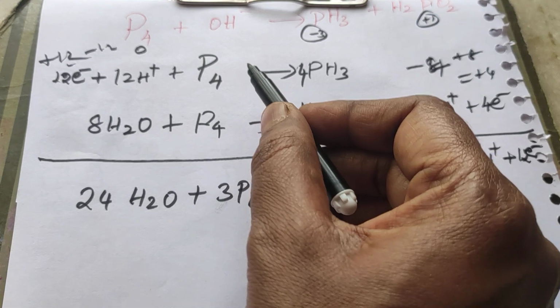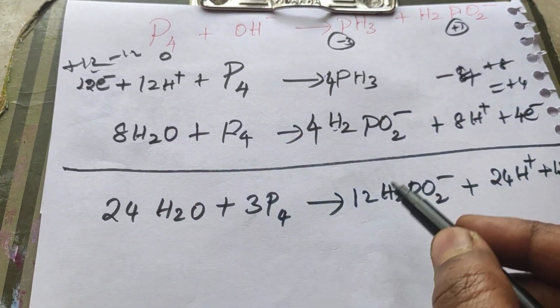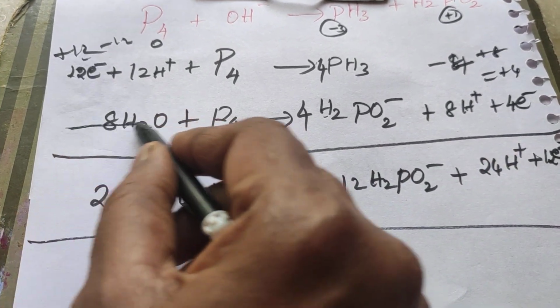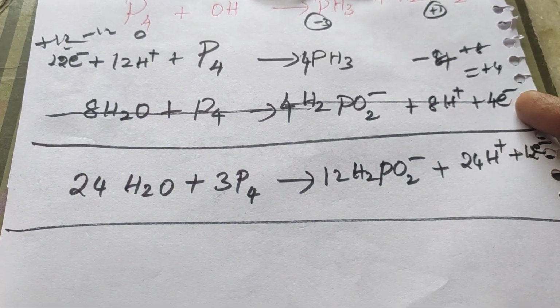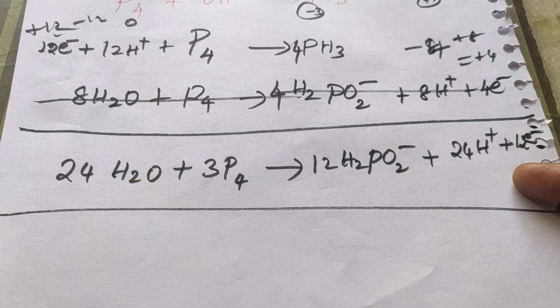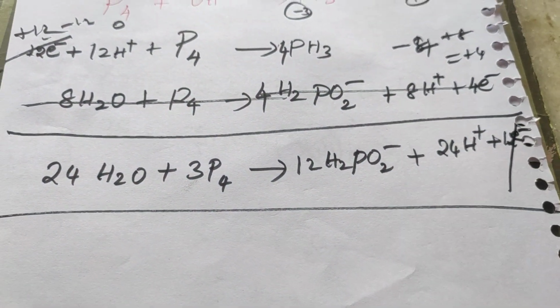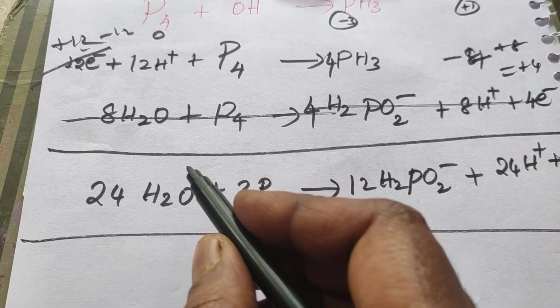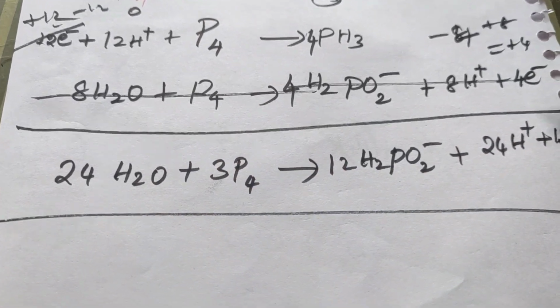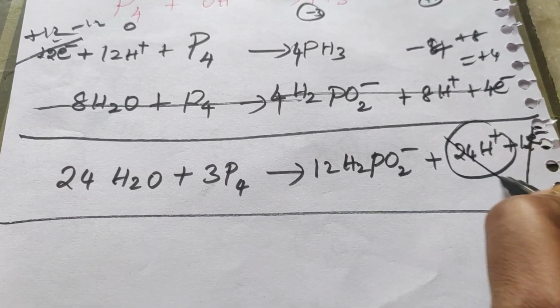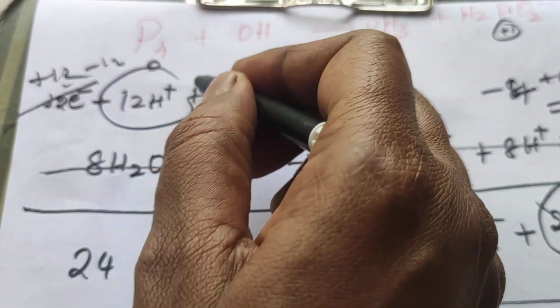Okay, now you can sum up equation 1 and 3. This one and this one. This we have multiplied by 3 to get this one. So now we can cancel out. Reactant side 12 electrons, product side 12 electrons. Similarly, H+ ion, 24 are there here, 12 are there here, you can cancel out.